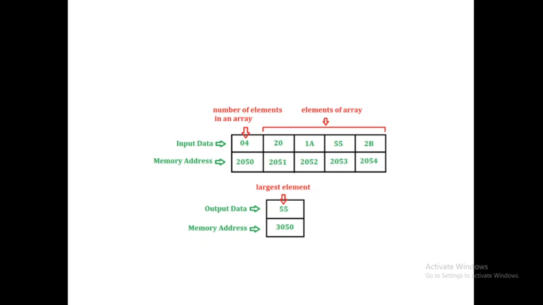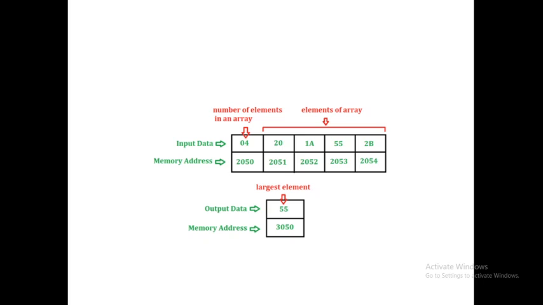Among these, the largest number, 55, has to be stored at memory address 3050, and the total number of elements to compare, that is 4, is stored in 2050.